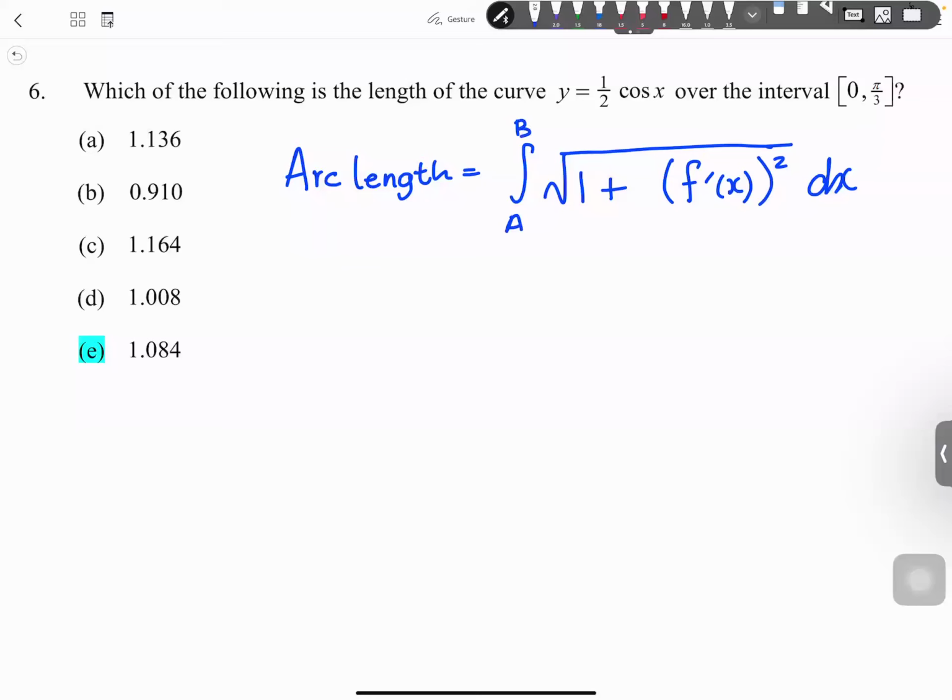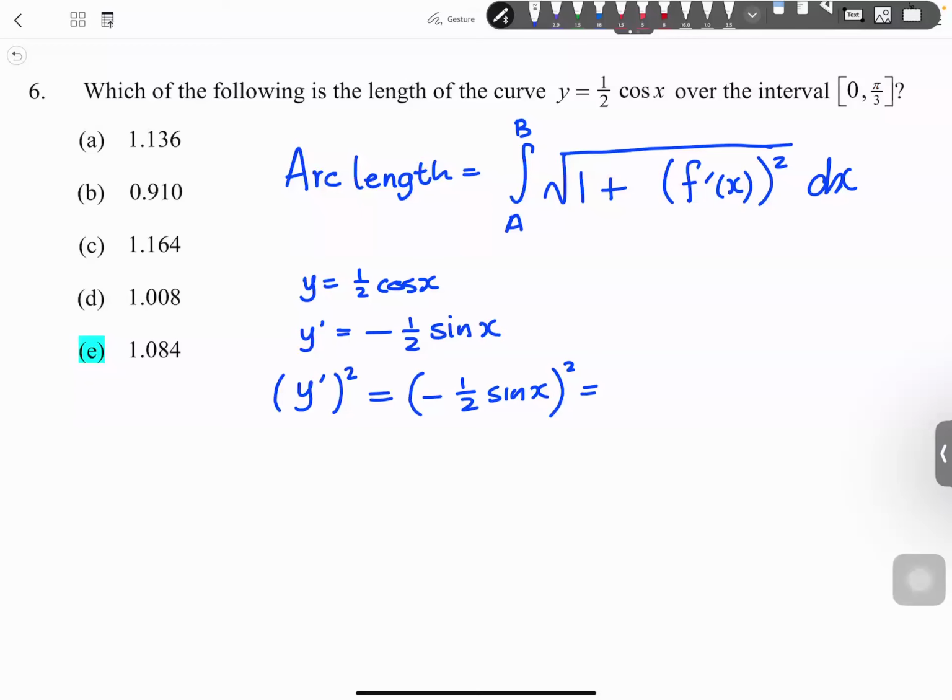So for my problem, since y or f of x is equal to 1/2 cosine of x, y prime is equal to the derivative of cosine, of course, which is negative sine of x, times 1/2. If we square this, I will get positive 1/4 sine squared of x.